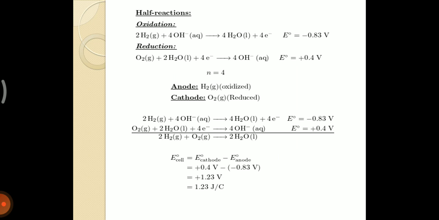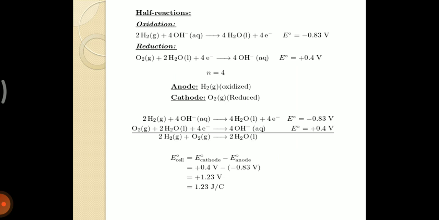In the overall reaction, the anode compartment produces water and the cathode compartment produces hydroxide ions. Finally, the net reaction is hydrogen reacting with oxygen to form water. After the net reaction, we calculate the E cell value.